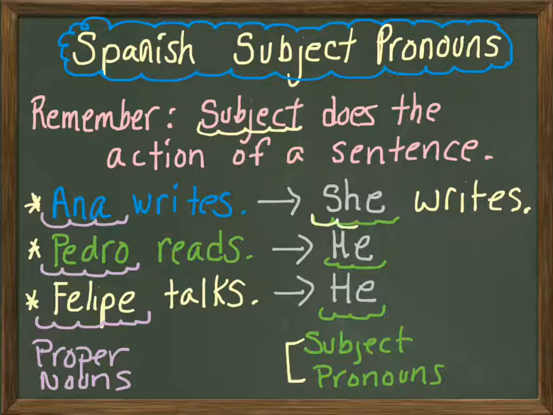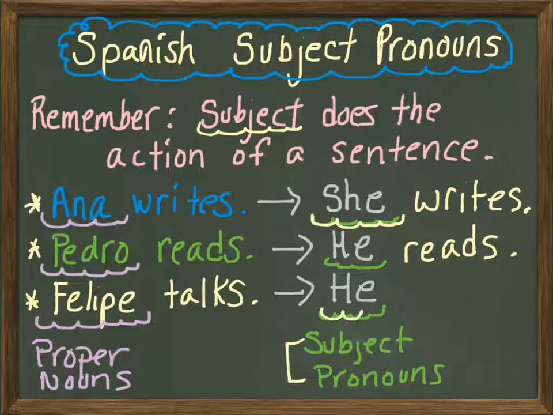Makes it more generic. Okay, Pedro reads. If I wanted to replace Pedro with a subject pronoun, Pedro would be replaced with he, and you would get he reads. And then lastly, we have Felipe. Felipe talks. If we want to replace the proper noun Felipe with a general subject pronoun, we would use he.